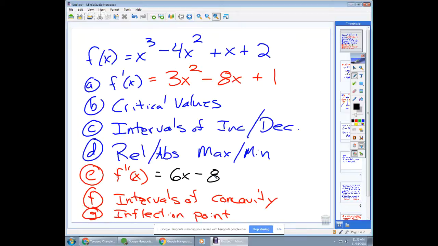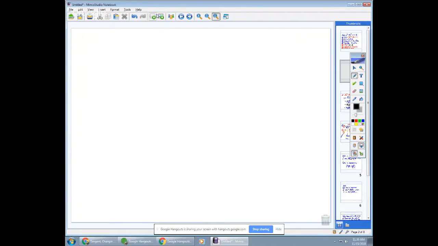So to find the intervals of concavity, that's just like the intervals of increase and decrease. We first find potential inflection points by setting this equal to 0. And then we see if there's a sign change on either side. So we're going to do a whole number line thing again. I'm going to add a new page here.